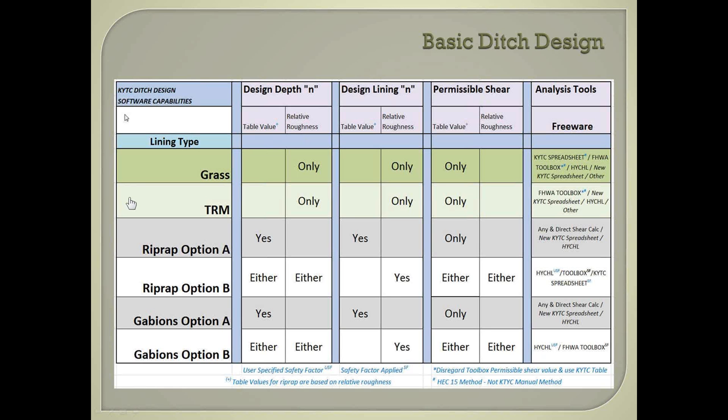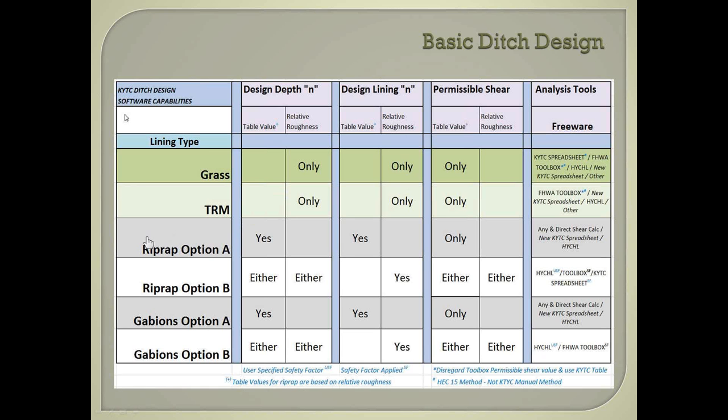The way the KYTC drainage manual is set up for grass and TRM, which is modeled as grass, is a very prescriptive formulation in the manual, where both require that for design depth relative roughness only is used, and for the design lining relative roughness only is used.